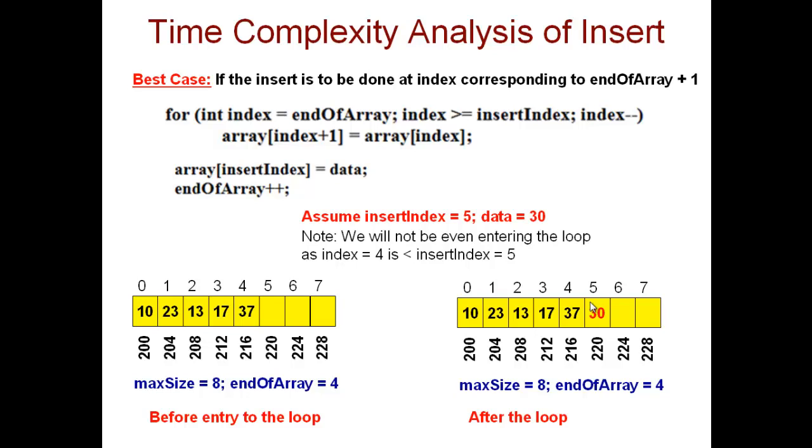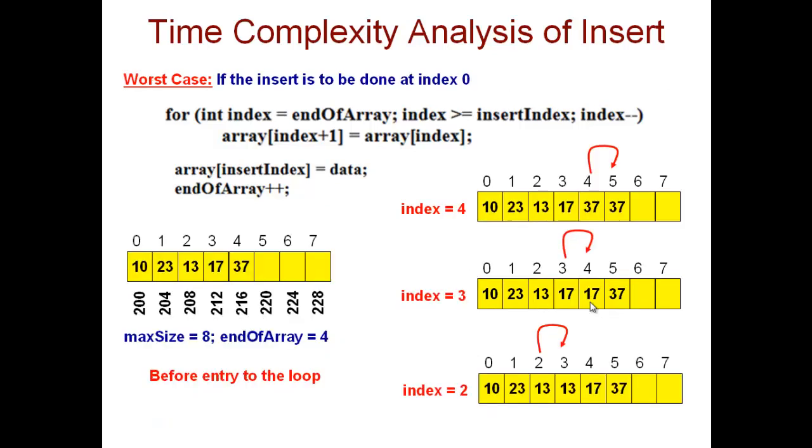The worst case will then be inserting at index 0, that is the beginning of the array. If we want to insert at index 0, think about this for loop. Index will be equal to end of array, 4. 4 greater than or equal to 0, true. So we'll come inside and copy the value at index 4 to index plus 1.